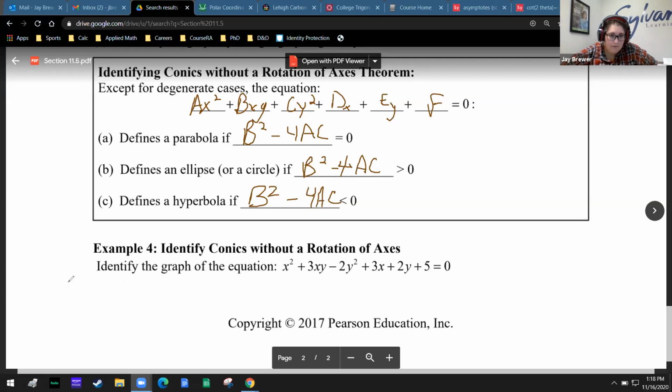If we have a equal to 1, b equals 3, and c equals -2, we're going to plug that in. So b squared minus 4 times a times c.